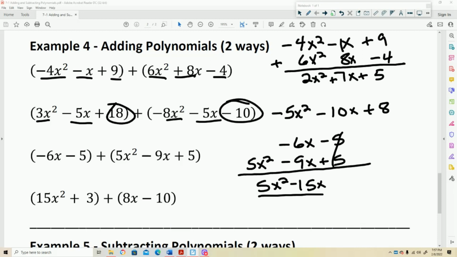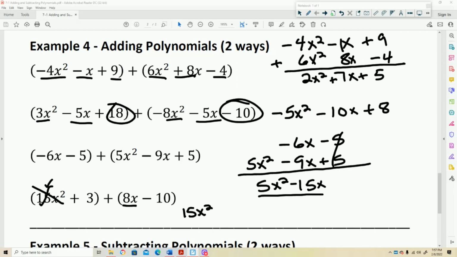Okay, let's look at the last of the adding polynomials, the last of the adding examples. So again, I look at both parentheses. And I'm looking for the highest degree. Well, it's here. There's not another like term to add to it, so I'm going to go ahead and start writing my answer. That goes first. Nothing changes it. So that's gone. I find the next highest degree, and I find that's right here.